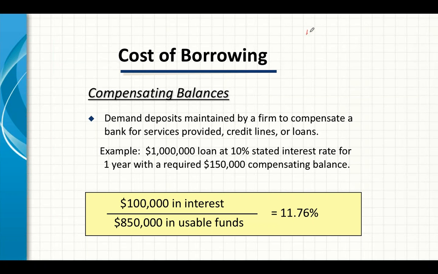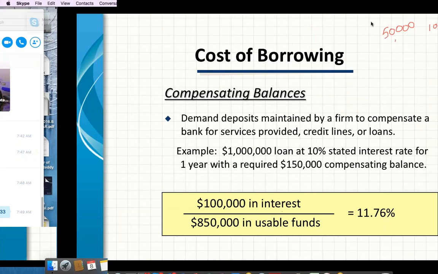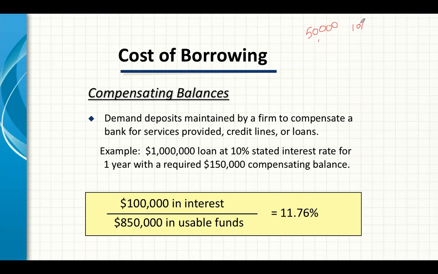So here you borrow $50,000. The rate of interest is 10%, and the compensating balance is 20%.